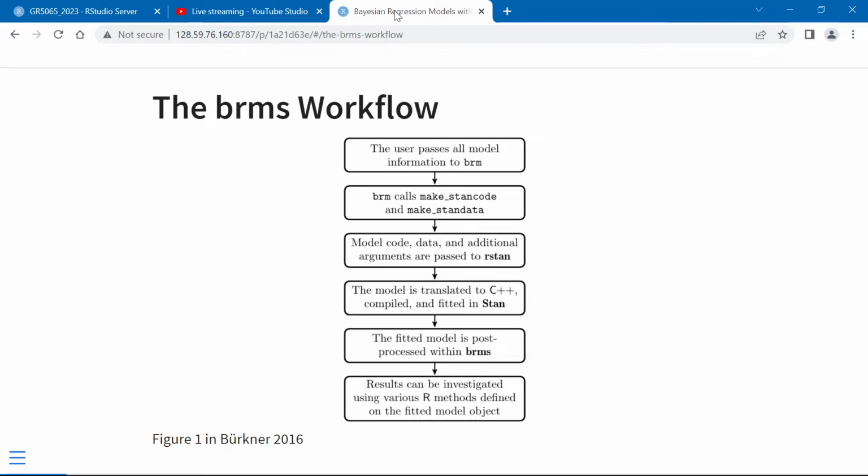And as we'll see, if you haven't seen already, but you should have because it was in the reading, brms can do a huge number of models by generating Stan code at runtime, piece by piece, based on the information that you give it in the first step.